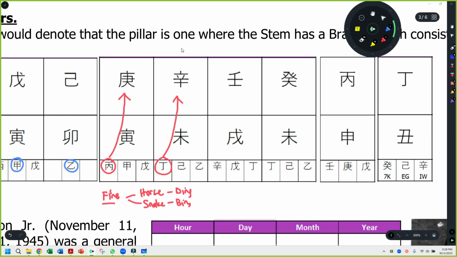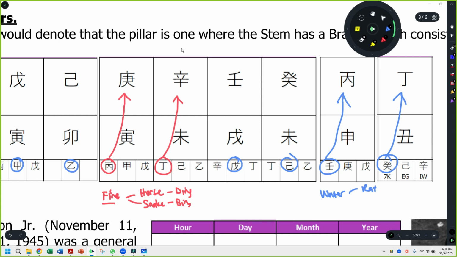Then we come back to the Ren water, with your Wu Earth and your Ji Earth controlling it as well. And now we will find out what the officer stars for the fire are. The fire would be the water. And of course, water, what do we have?